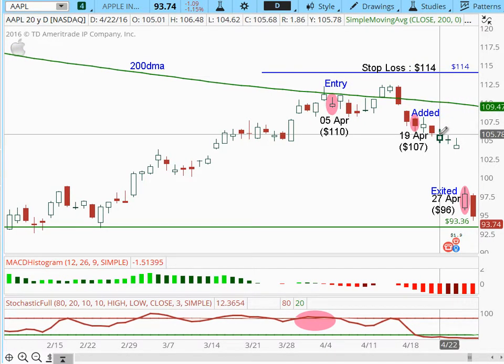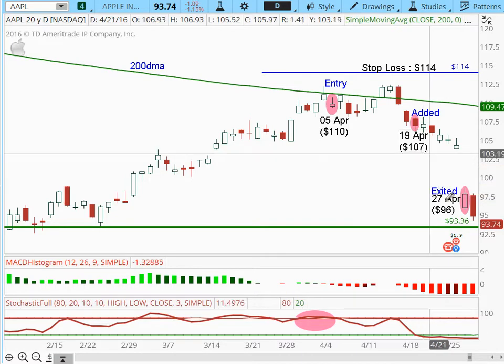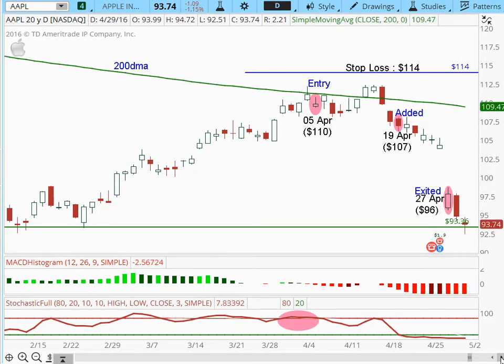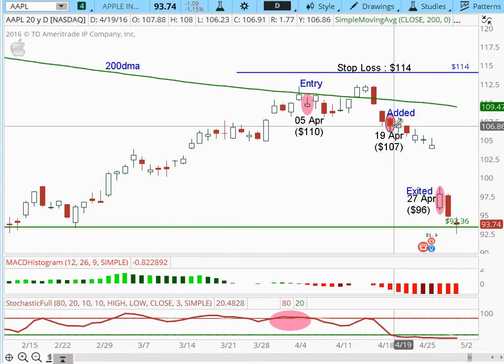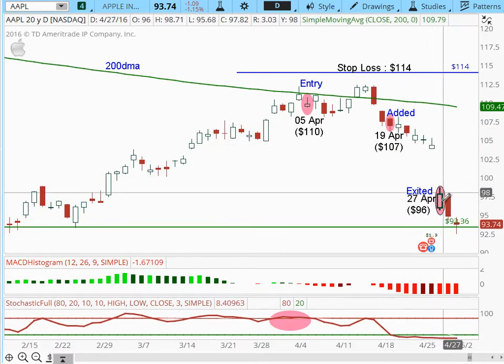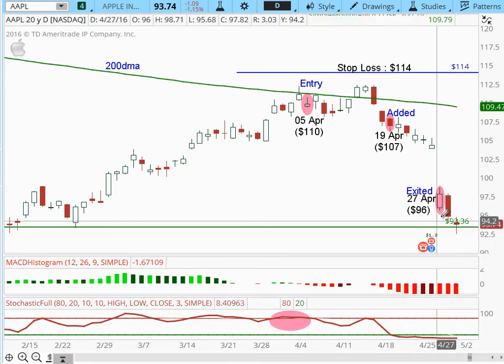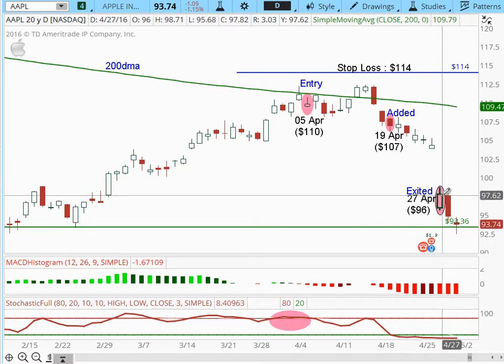And on the 19th April, I added more Apple put entries at about $107. Apple continued to go lower, and finally it had a gap down on the 27th April, in which I exited all my positions. This is also due to the earnings announcement.